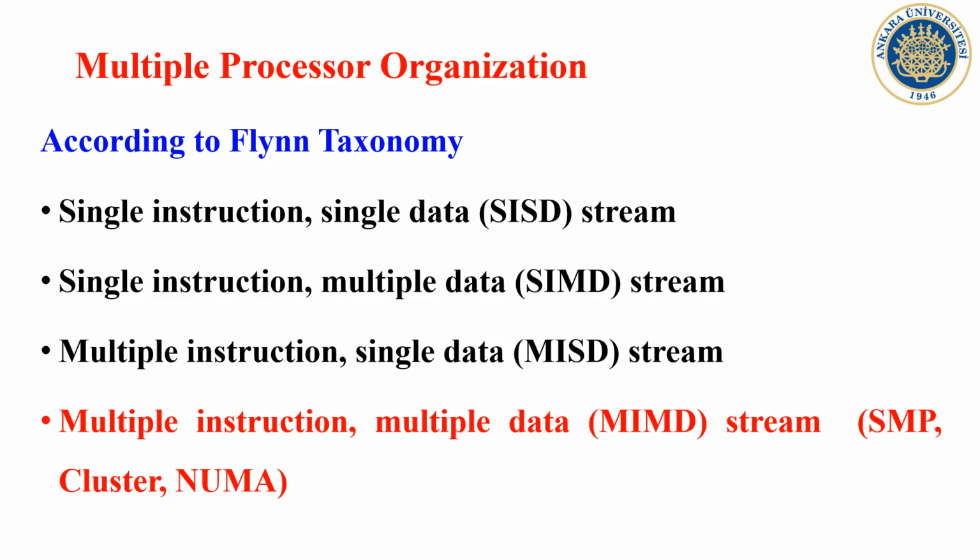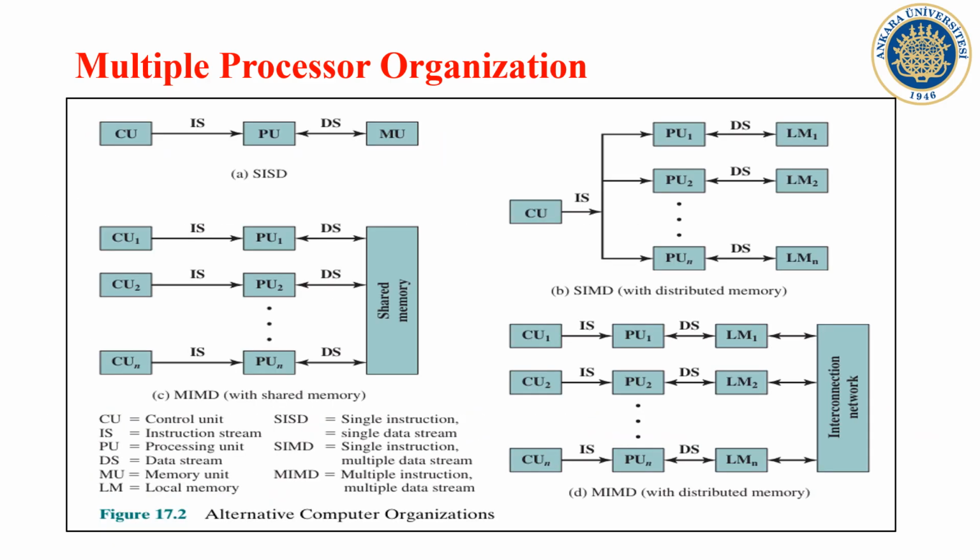In this architecture, multiple processors can execute different instructions on different pieces of data at the same time, allowing for high scalability and parallel computing. These slides show the main types of multiple processor organization based on how instruction and data are handled.